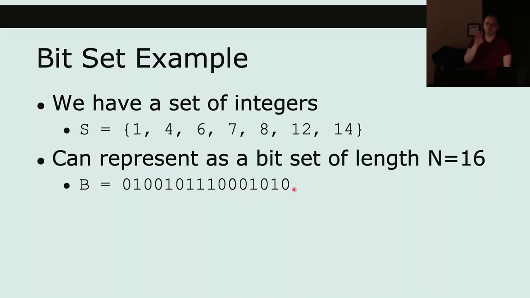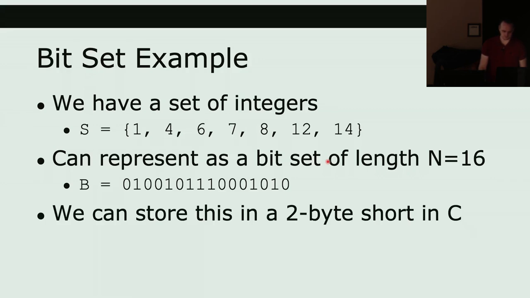Now the obvious disadvantage of this is that we could not store integers that are larger than our integer could handle, right? You can only store however many things are in your 64-bit int or 16-bit integer, for example. But if we have something like the options for the configuration of a program, typically we don't have more than 64 options, so a bit set could be an efficient use of that.